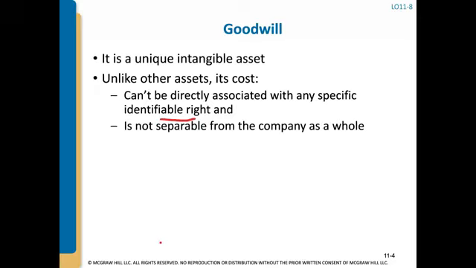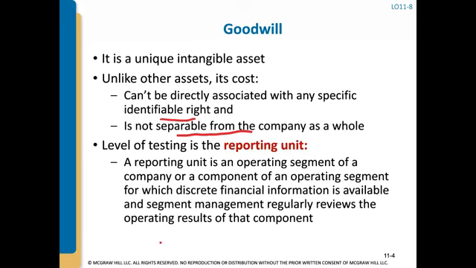If you had a patent, then you know that this patent is for XYZ and can be separately identified from everything else in the company. Goodwill is not separable from the company as a whole. So when we test for impairment for goodwill, we don't necessarily test the entire company. We have to test it at the reporting unit level.